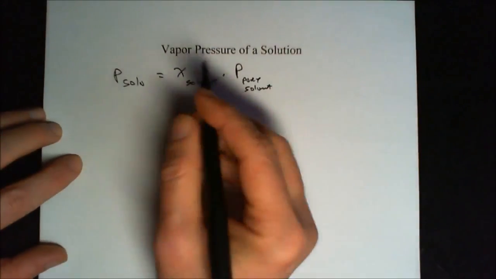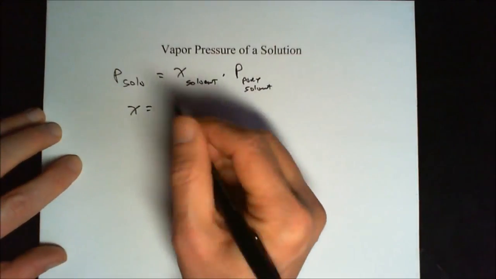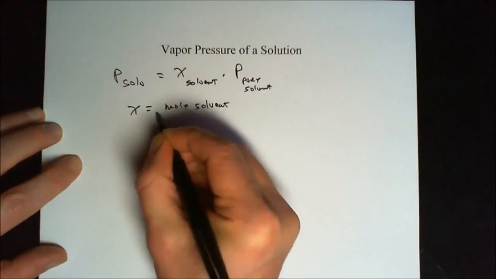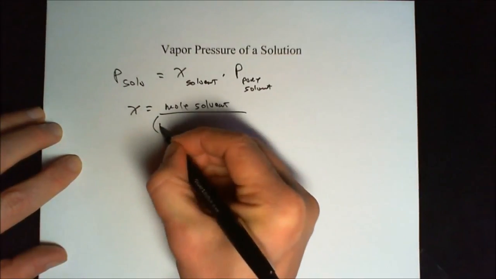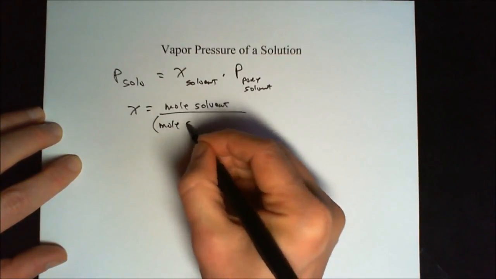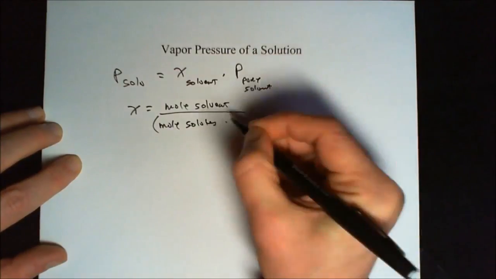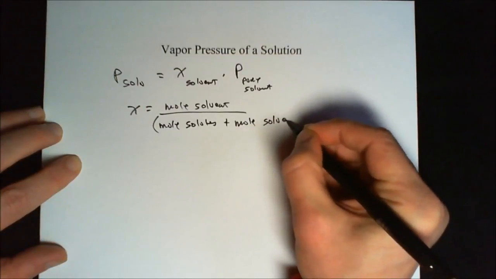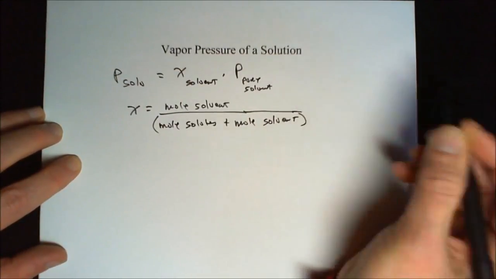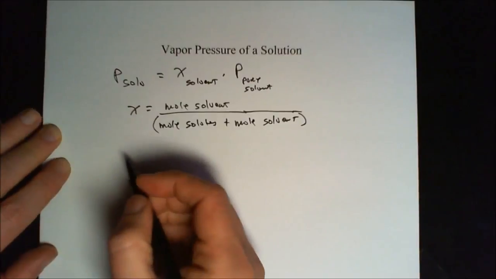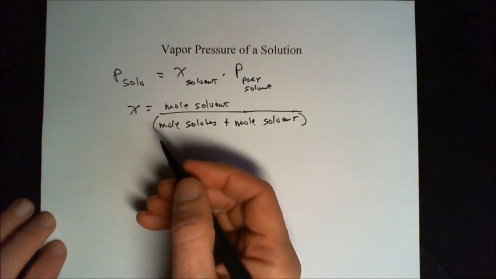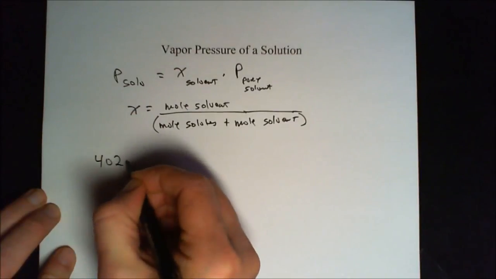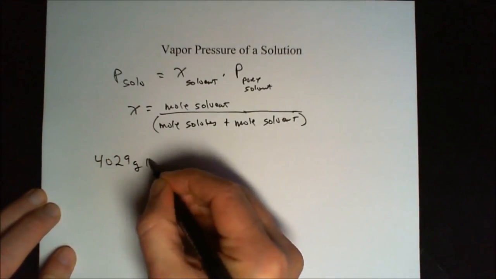First off, we have to calculate the mole fraction, and the mole fraction is the moles of solvent divided by the moles of all the solutes plus the moles of solvent. Now the moles of the solvent we need to calculate, and it's water, and we have 4,029 grams of H2O.